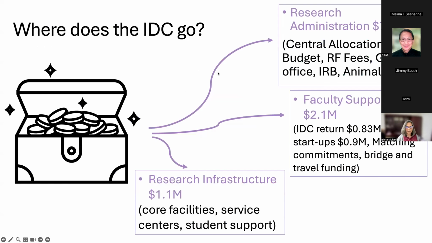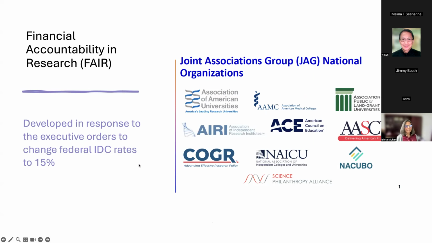This model was developed by a group of organizations. And I think many of you, if you're paying attention to the news, know that this 15% thing has not gone forward. It's because several of these organizations listed here have brought lawsuits to stop the implementation of the 15% rate.